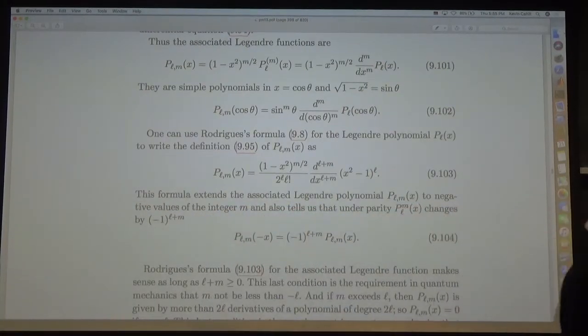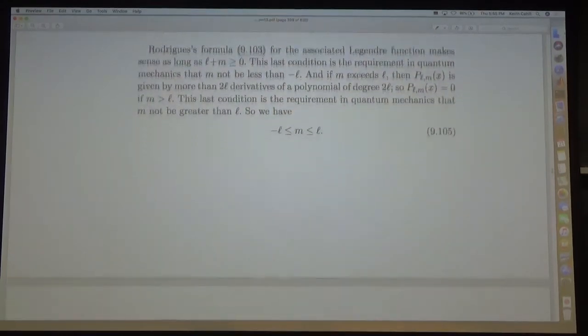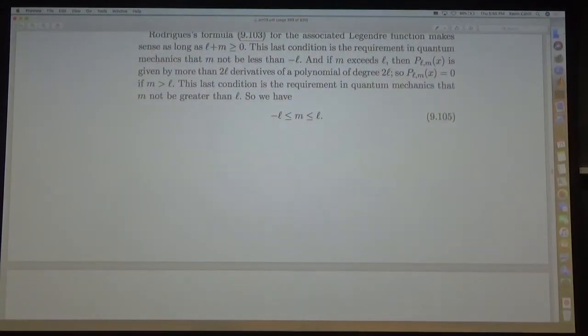One gets a lot of mileage out of the Rodrigues formula. What we see here is that it only makes sense as long as L plus m is non-negative. So that means m can't be less than minus L. m could be minus L, and then this would be 0.